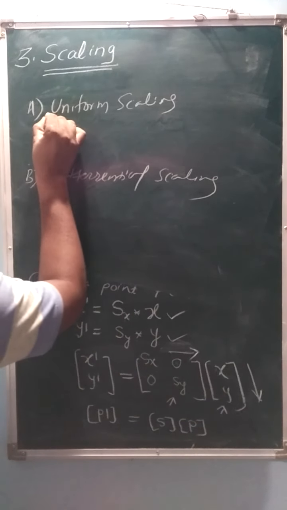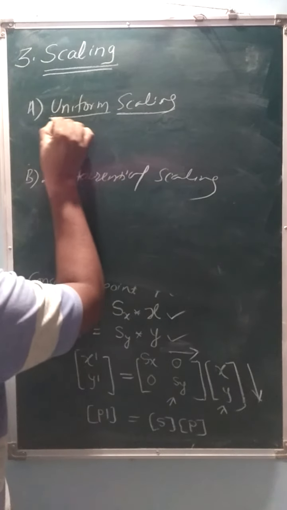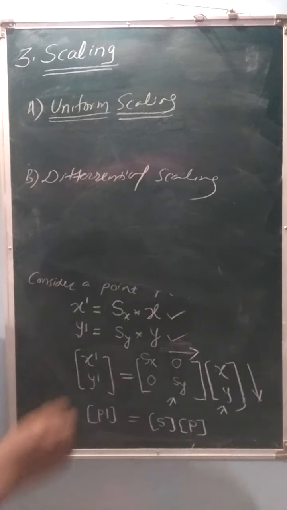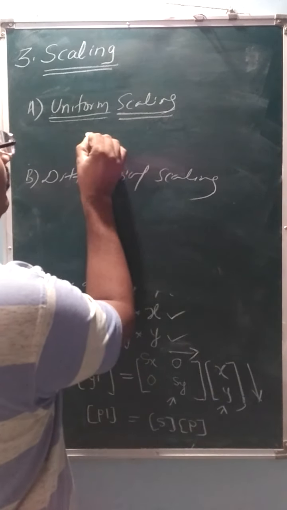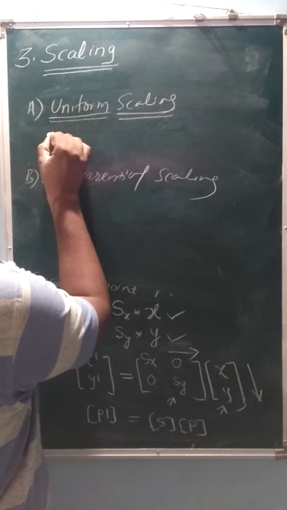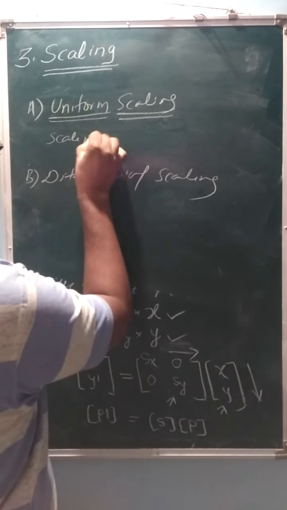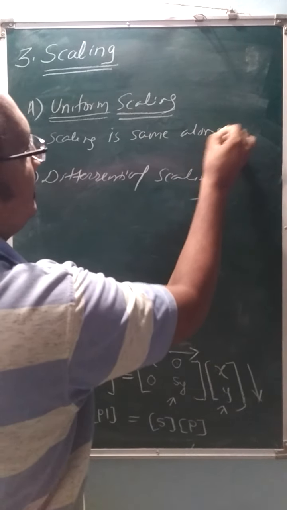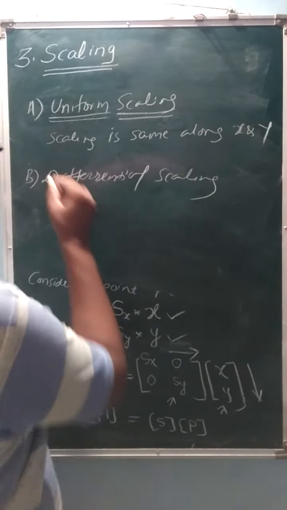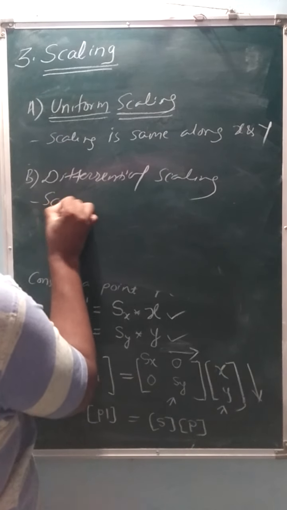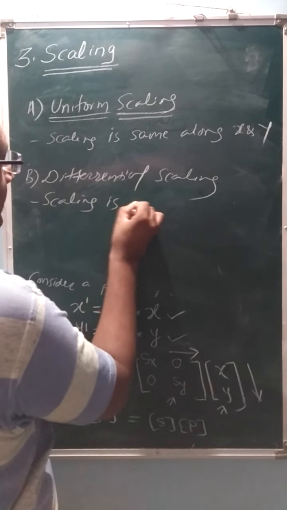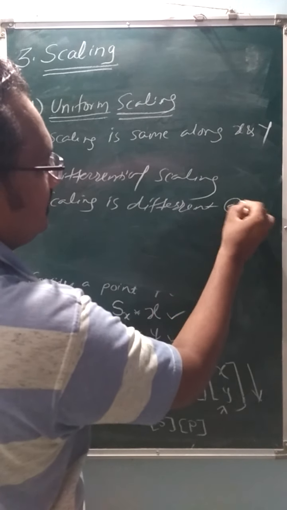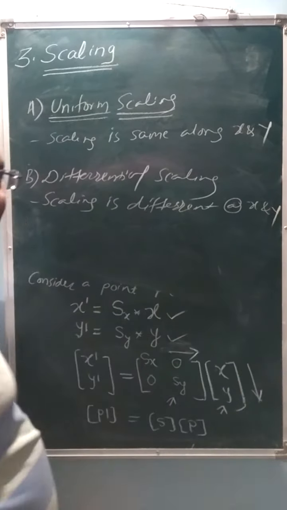In uniform scaling, we are scaling uniformly about both axes, meaning scaling is the same along the x and y axis. In differential scaling, scaling is different about the x and y axis.